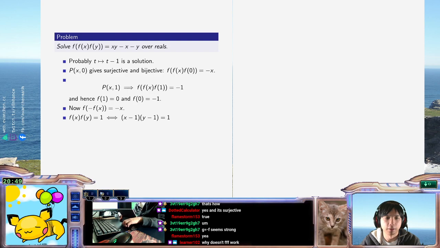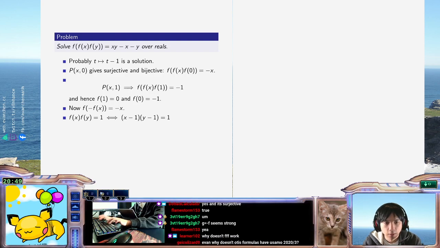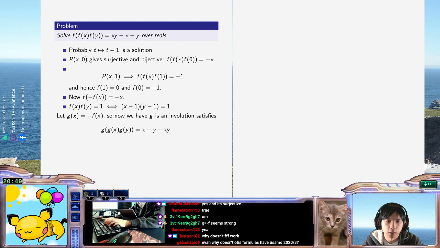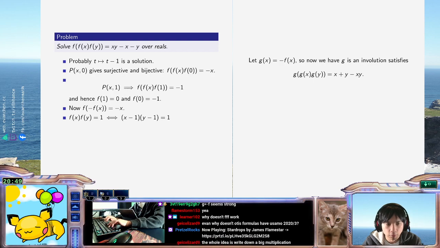Well, there's a minus sign, but I guess there's no reason not to. It's just g of x equals minus f of x. So now we have g is an involution, which satisfies g(x) g(y) equals x plus y minus xy. Or equivalently, g(xy) equals g(x) plus g(y) minus g(x) g(y).